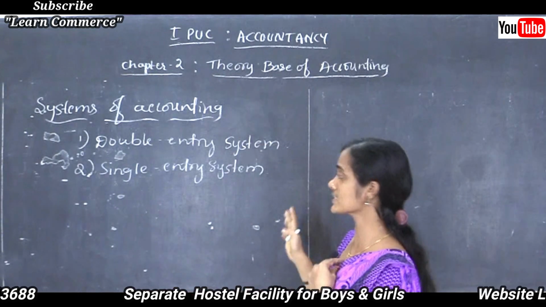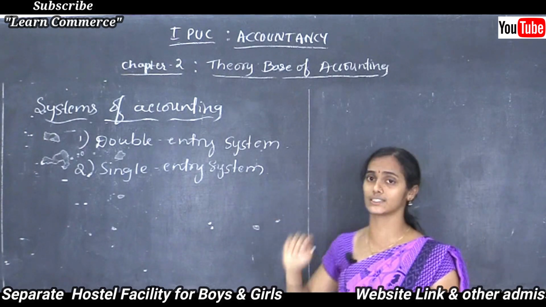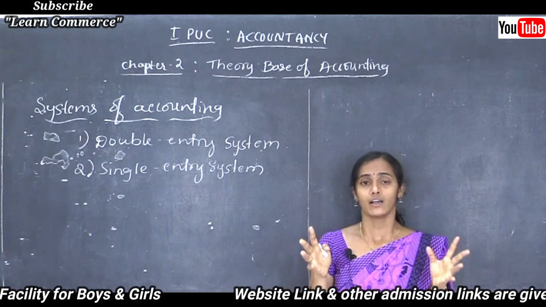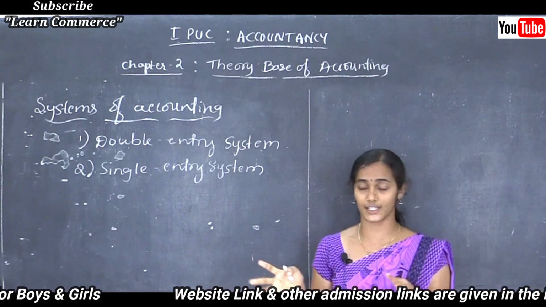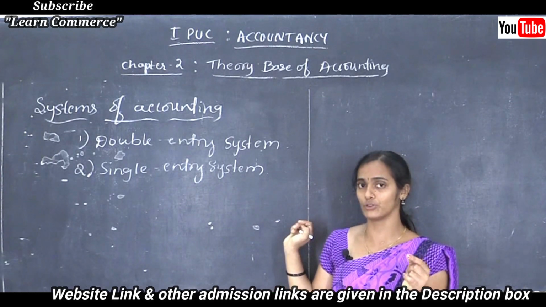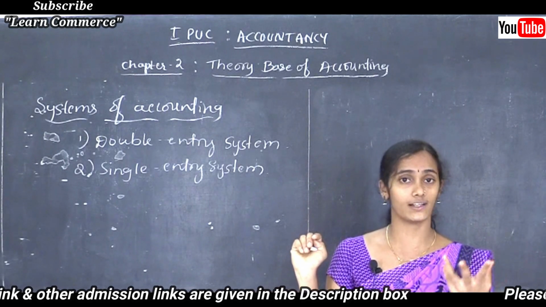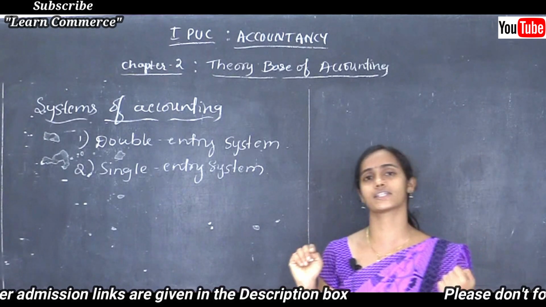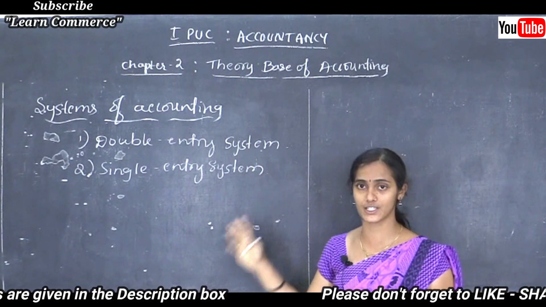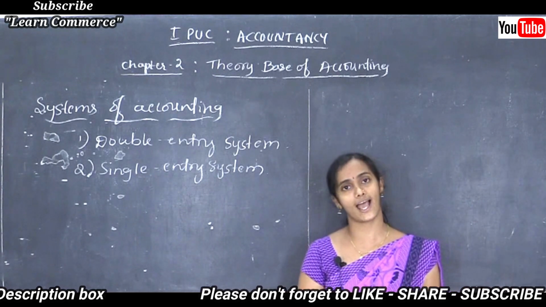It is one of the systems of accounting. Many organizations, especially large organizations, follow this double entry system of accounting to know the exact amount of profit or loss sustained by the organization, because the double entry system is based on the concept of dual aspect.